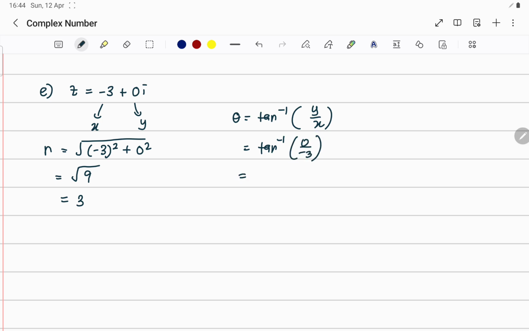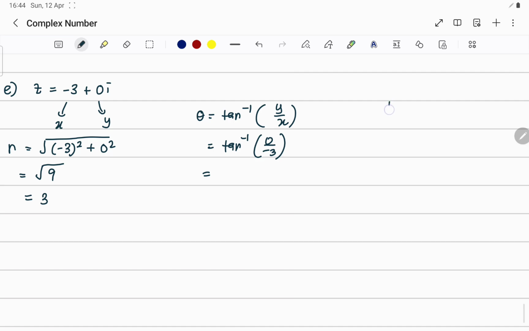Okay, by right, if you draw this in the Argand diagram, your x is equal to negative 3, and then y is equal to 0. So your point is here, and your line is basically here. The angle that you want to know starts from the horizontal positive x-axis until the second quadrant here.